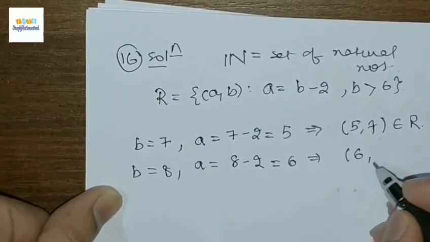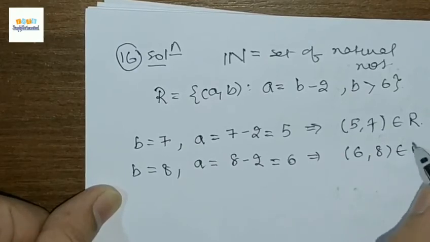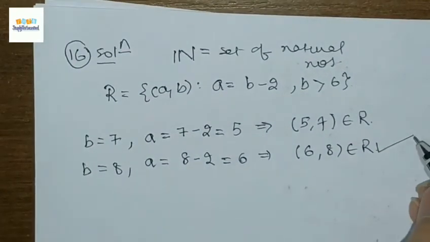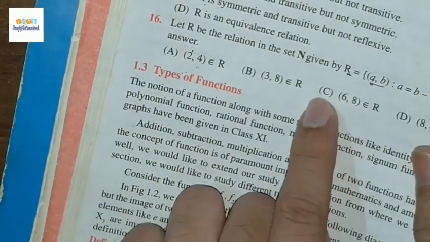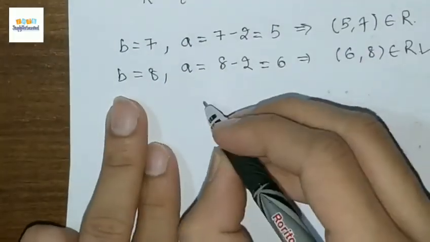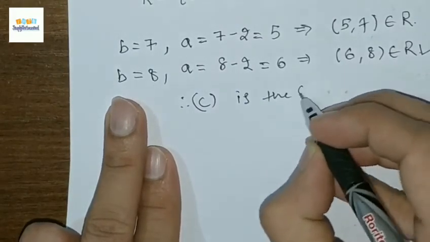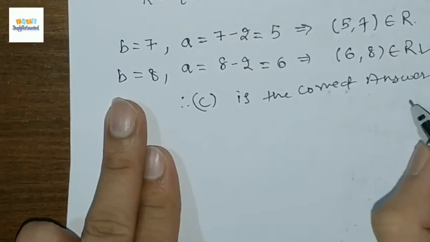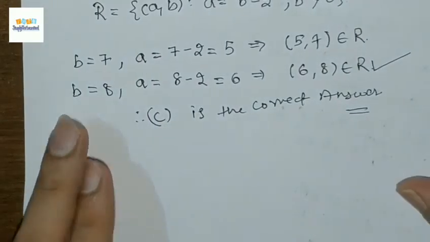So the element (6, 8) will belong to the set R. This is the option which is there, that is option C. So therefore C is the correct answer. That was problem number 16.